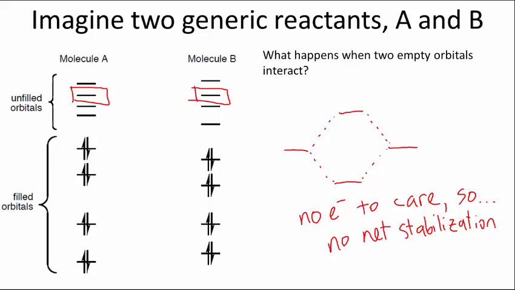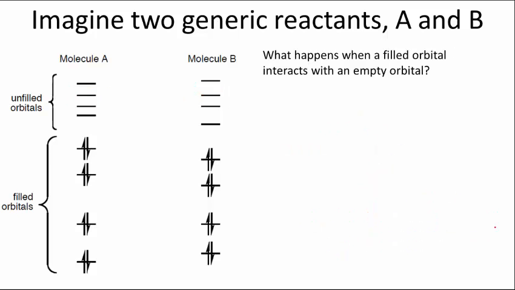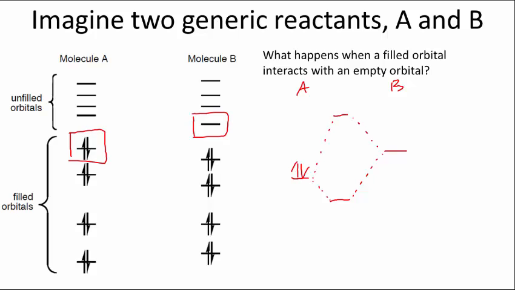All right. So then what if we consider an interaction between an empty orbital on one molecule and a filled orbital on the other? So let's say I take this orbital and they interact. So this is molecule A, this is molecule B. I make a lower energy orbital, I make a higher energy orbital.